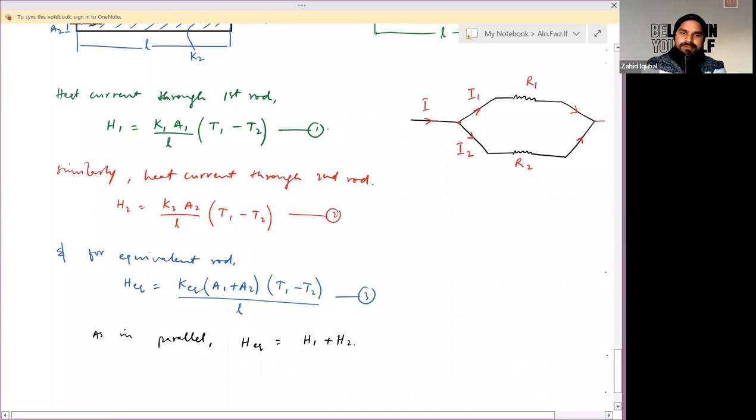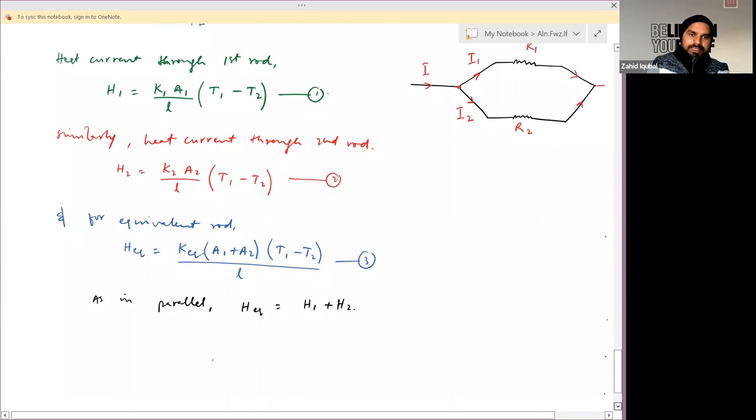Now put their values according to equations 1st, 2nd, and 3rd.